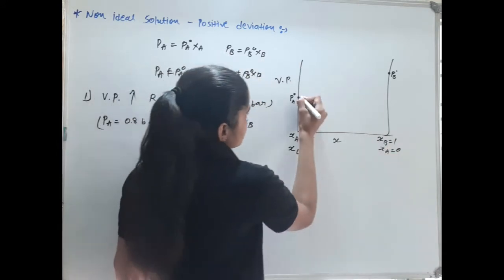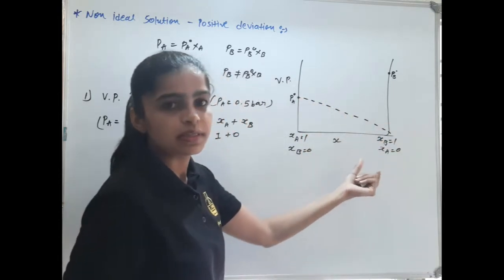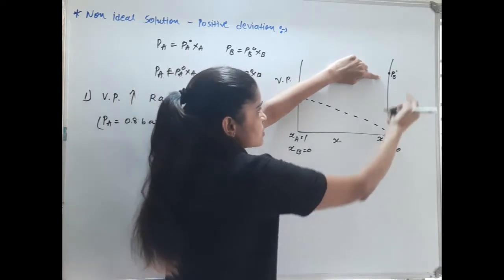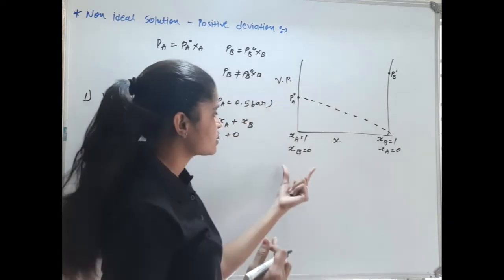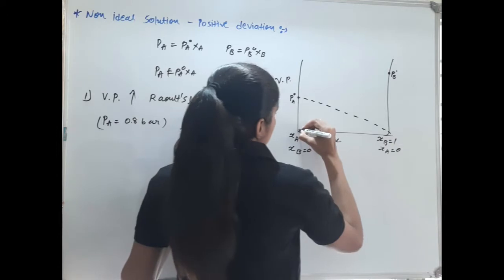So its graph is decreasing because the mole fraction is decreased. In the same way, for PB0, this is the highest mole fraction, so its vapor pressure is highest, then decreasing towards XB equal to 0 because the mole fraction is minimum. So this is the graph.